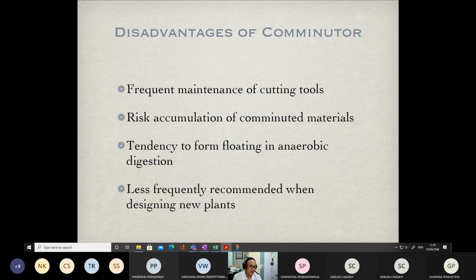And nowadays, as I mentioned, for all mechanical equipment, we are trying to minimize the need to use it, and we will look for other ways to handle the solid matter.